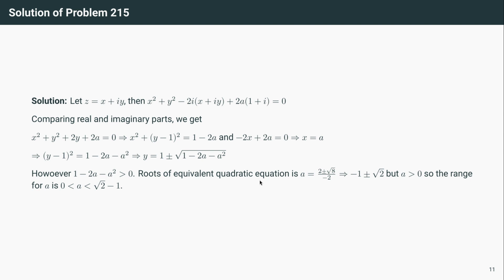So since a is greater than 0, the range for a would be: it has to be greater than 0 first, and second it has to be less than square root of 2 minus 1.